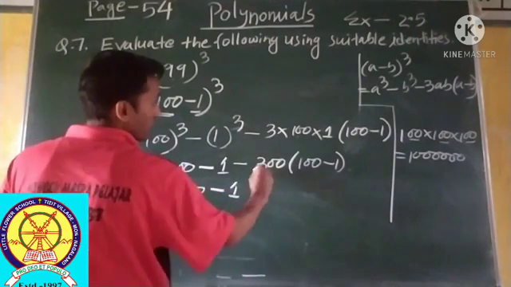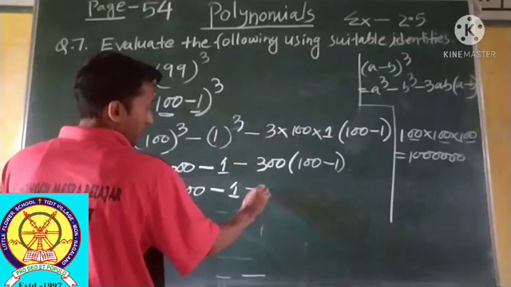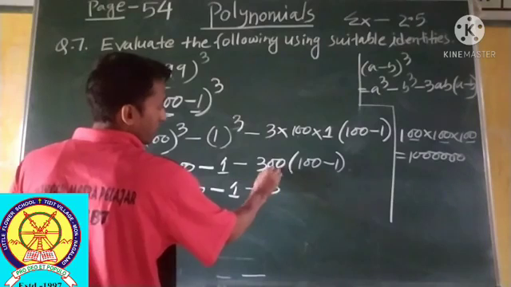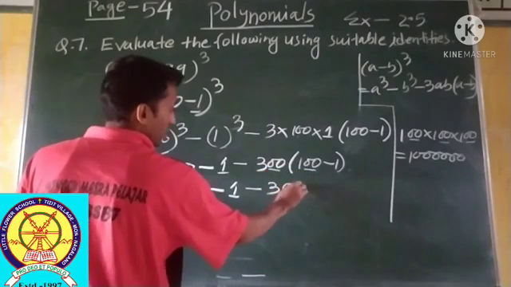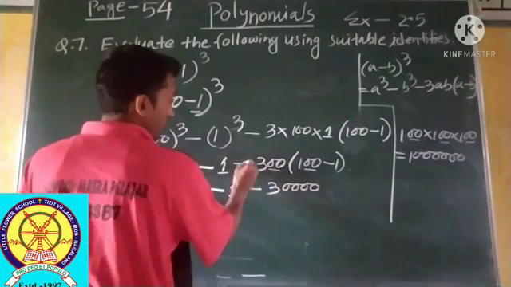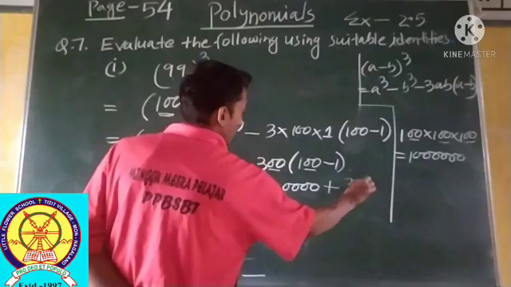Now you multiply. 3 times 1 is 3, 0 how many times? 1, 2, 3, 4. That means 300 into 100 is 30,000. Minus into minus is plus, 300 into 1 is 300.